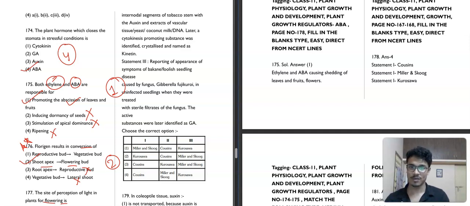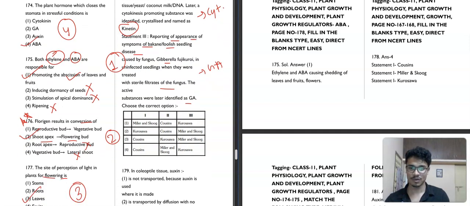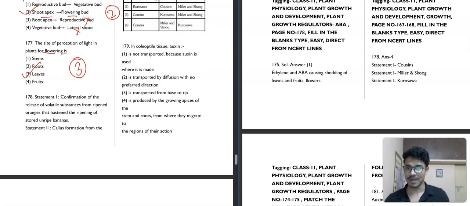Later, cytokinesis promoting substances are identified, crystallized and named as kinetin. This is obviously cytokinin. Statement 3, the appearance of symptoms of bakanae foolish seedling disease, Gibberella fujikuroi, is gibberellic acid. And the first one, what hormone was it? Unripe banana, volatile substances. You know that ethylene is a gaseous substance.